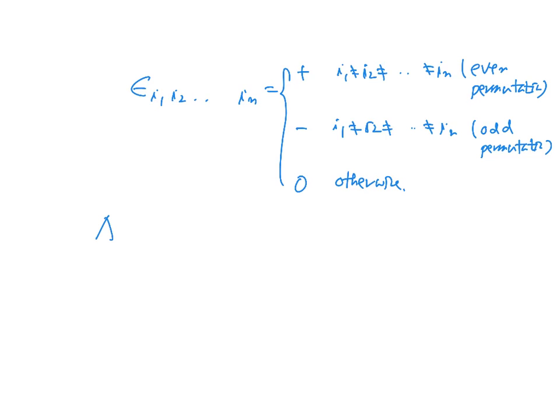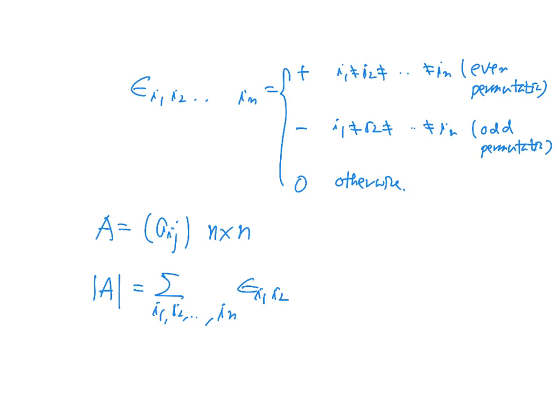Then if A is given by Aij, an n by n matrix, the determinant of A can be written as the sum over I1, I2, ..., In of epsilon I1, I2, ..., In times A1 I1, A2 I2, ..., An In. So that's a more general formula for the n by n determinant, and that is how we usually calculate the determinant using a computer.